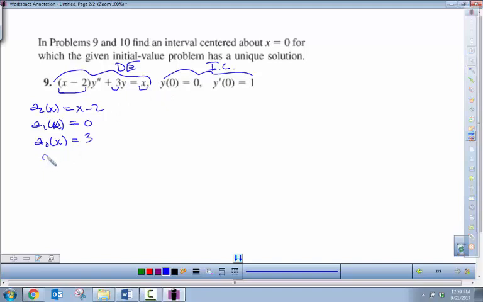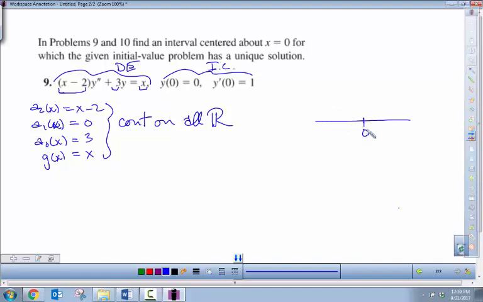And the right-hand side is our function x. And these are all continuous on all real numbers from minus infinity to infinity. And then we have a 0 here, which happens to fit in our all real number continuous interval.